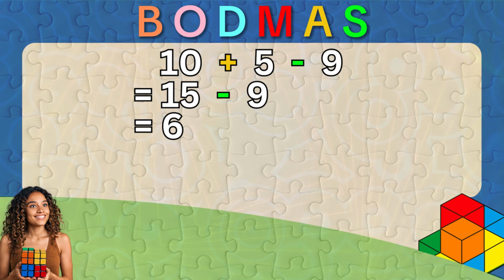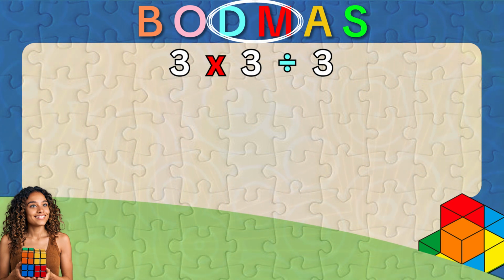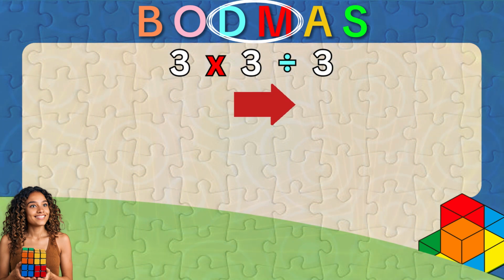Right, let's look at another example. 3 times 3 divided by 3. In this example, we have multiplication and division, and we know when we have multiplication and division in the sum, we operate from left to right.